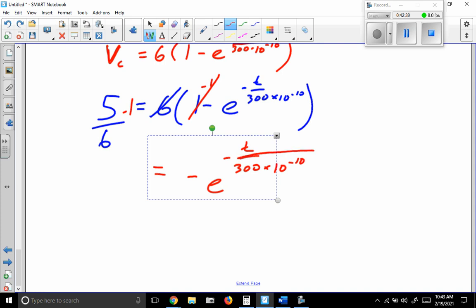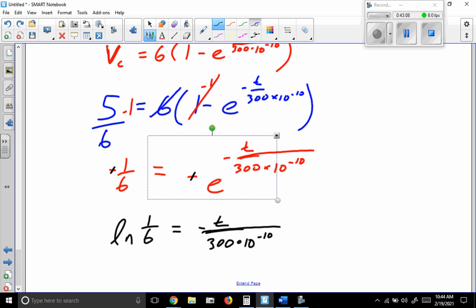On the other side, 5 over 6 minus 1 would be negative 1/6. We could multiply both sides by a negative to make those positive. Then to get rid of the e, we can take the natural log of both sides. So natural log of 1/6. If we take the natural log on the right, the e goes away, leaving us negative t over 300 times 10 to the negative 10.